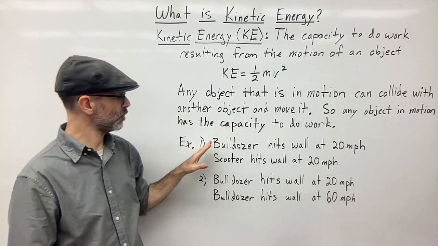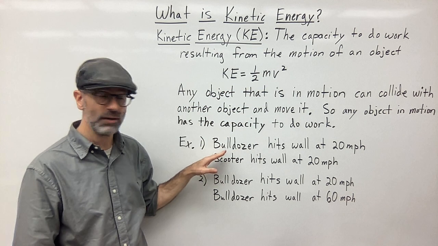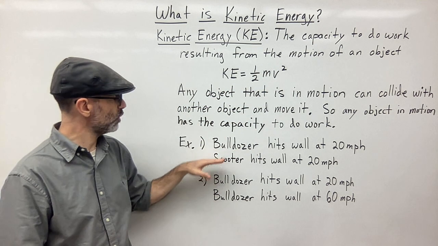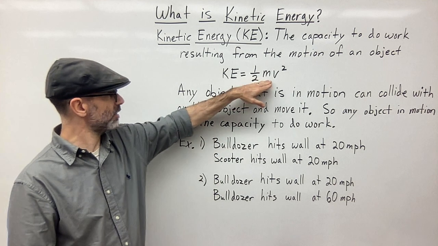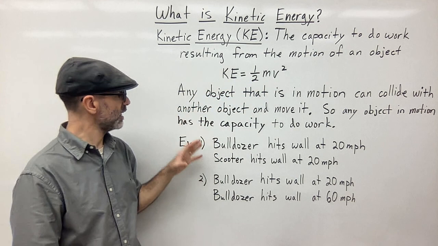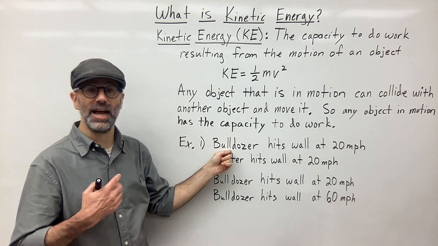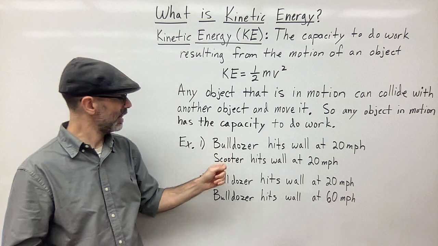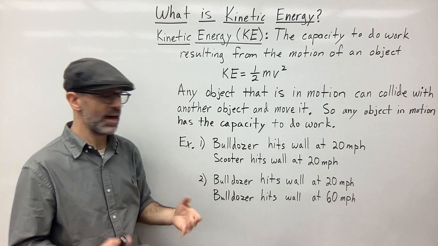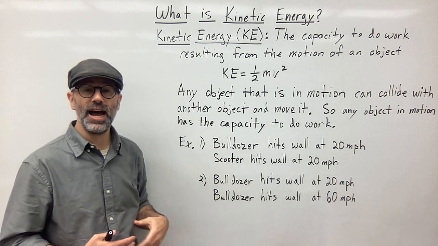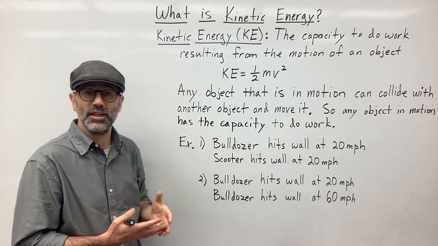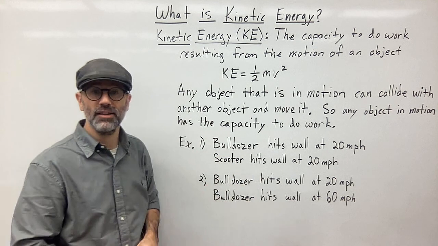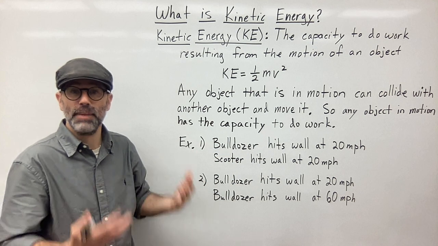The bulldozer has much more mass than the scooter, so when you calculate, the bulldozer is going to have more kinetic energy than the scooter, meaning that the bulldozer is going to have a greater capacity to do work on the wall than the scooter is because it is massive, right?